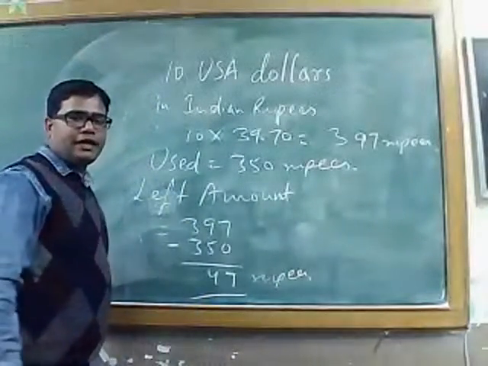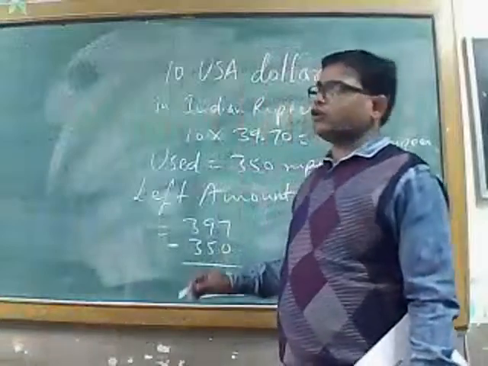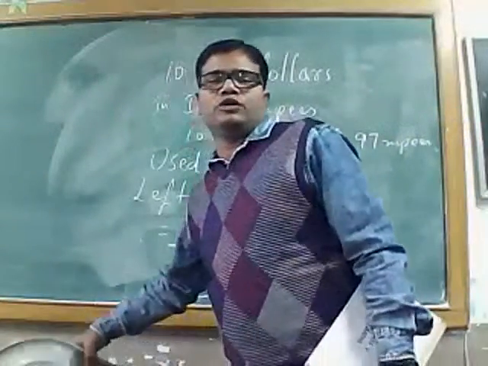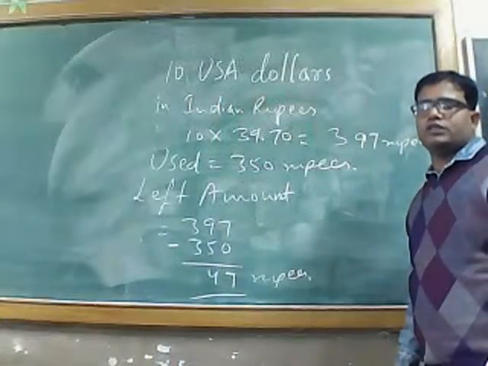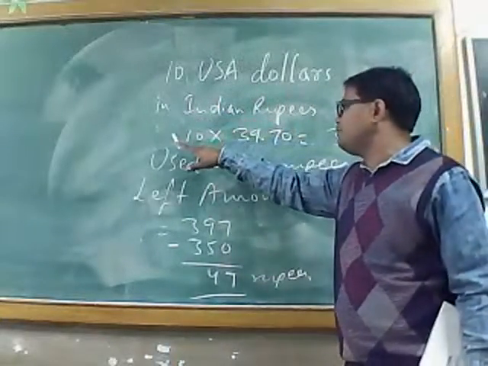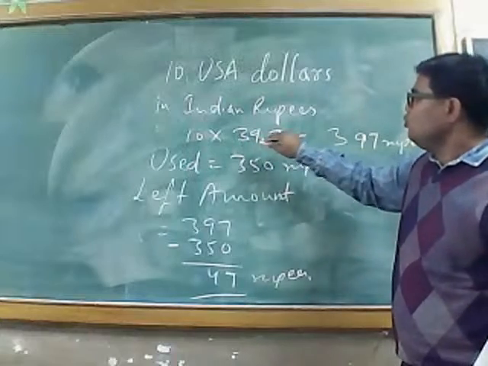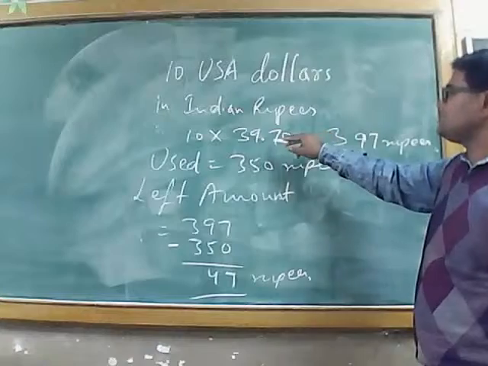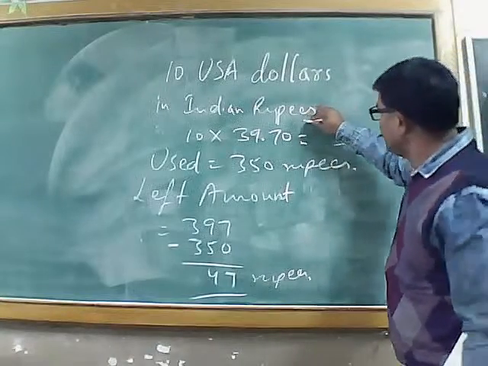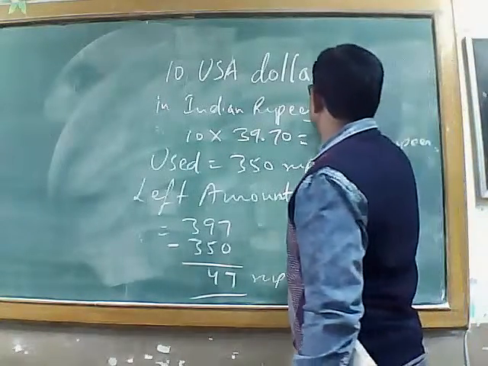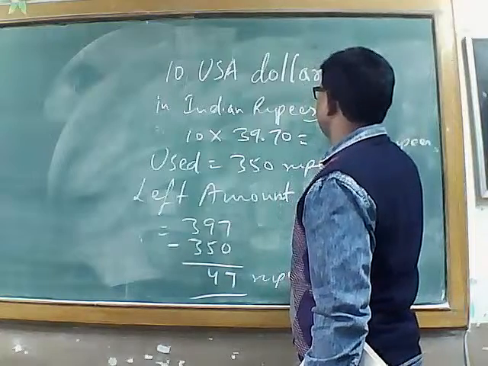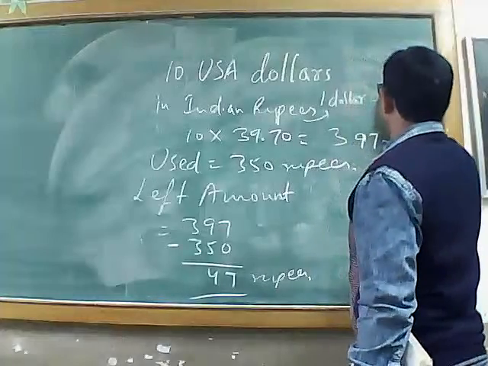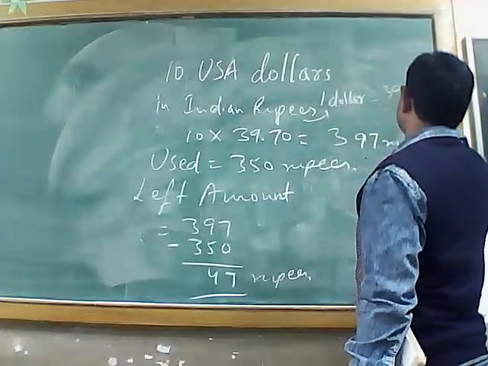Now once again we will see how we got the answer. Mithun was sent 10 US dollars, which we have already mentioned on the top. How much do we have to give for these 10 dollars? That amount will be 10 multiplied by 39.70. Why 39.70? Because $1 is equal to 39.70 rupees, which we have not mentioned here. You have to add one more line here: $1 is equal to 39.70 rupees.